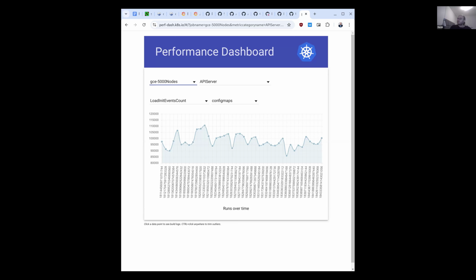So I think we are in a not great position that we don't have such a dashboard, so we cannot easily observe regressions in QPS in tests over time, which would be a great improvement.